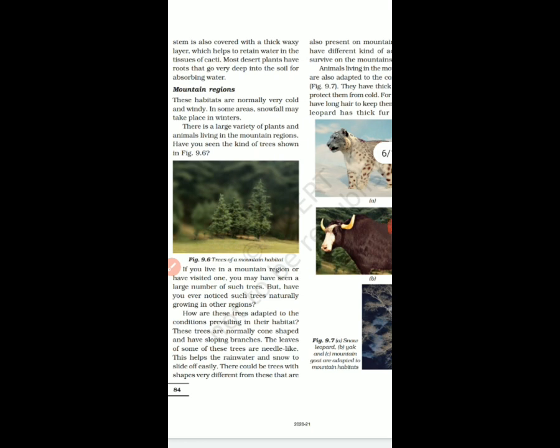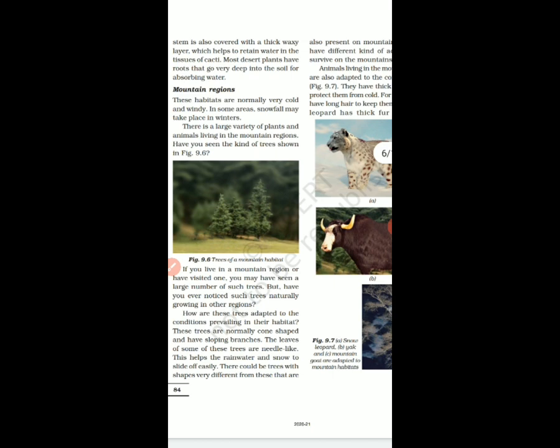Now the mountain region. These habitats are normally very cold and windy. In some areas, snowfall may also take place in winter. There is a large variety of plants and animals living in the mountain regions. What type of plants and animals are there in the mountain region?